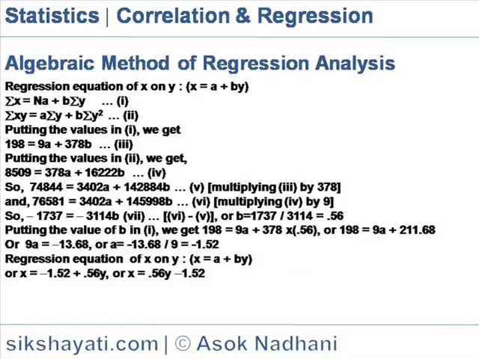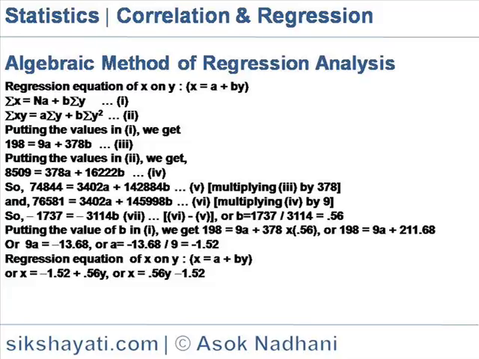So now we get the regression equation of x on y, that is x is equal to a plus by. So here sigma x is equal to na plus b sigma y and sigma xy is equal to a sigma y plus b sigma y square.